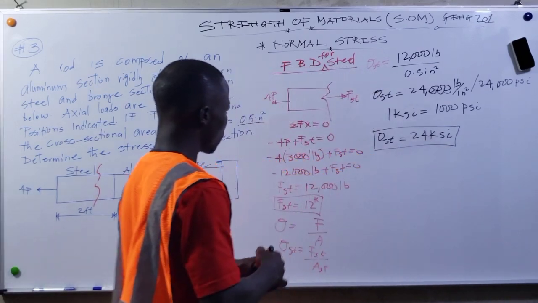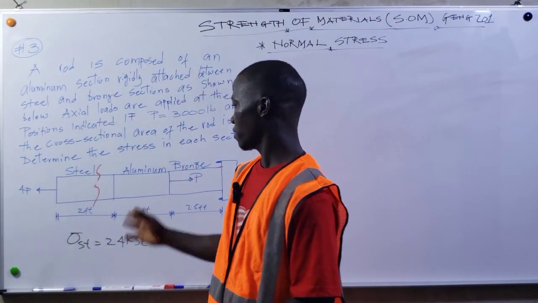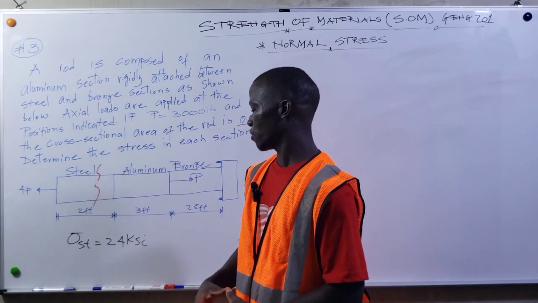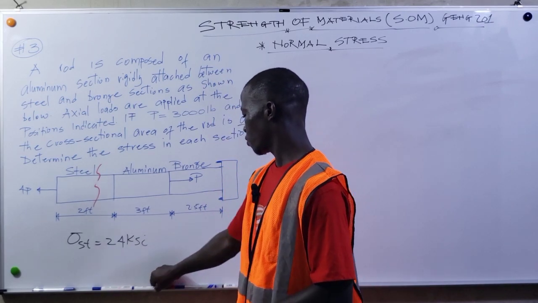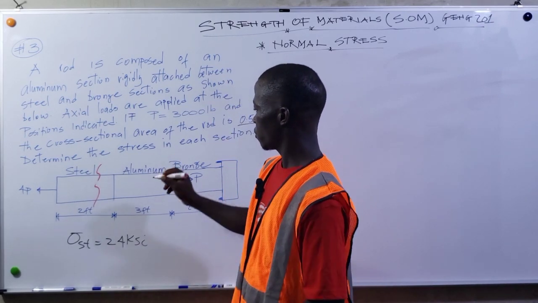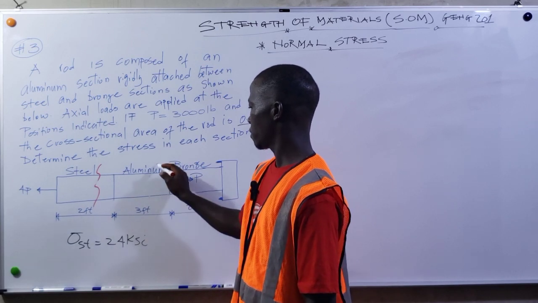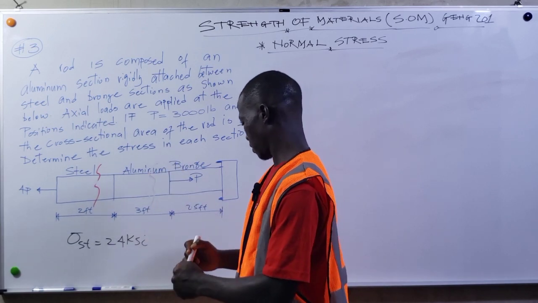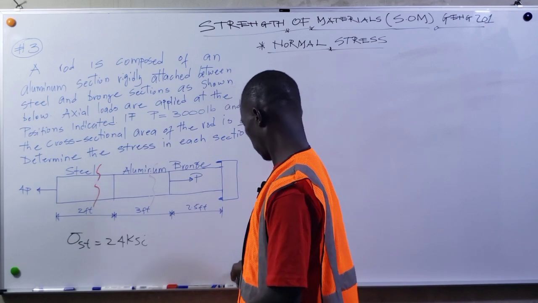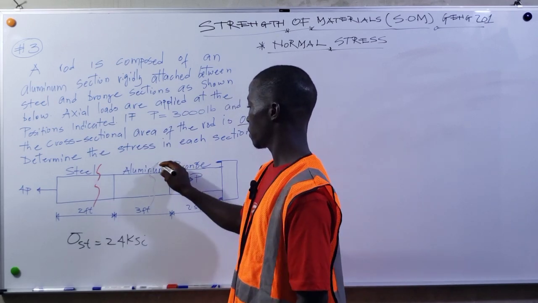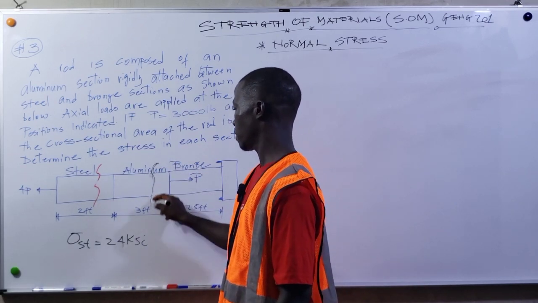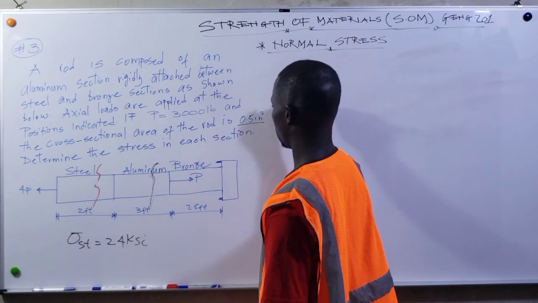Now let us find the stress within the aluminum section. So first we cut a cross section through the aluminum section and draw the free body diagram.